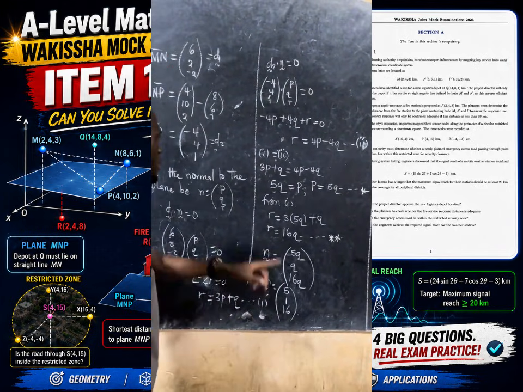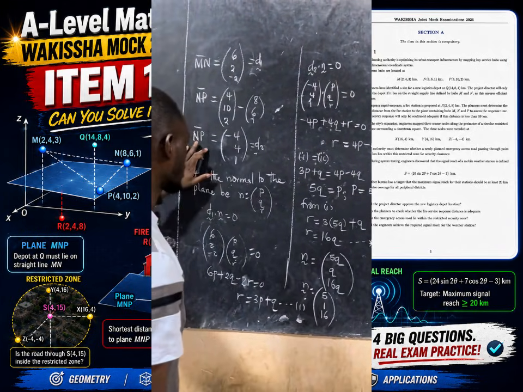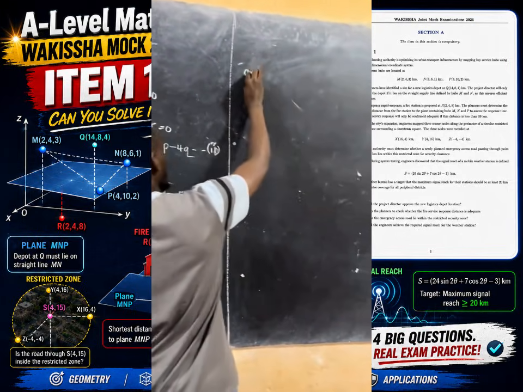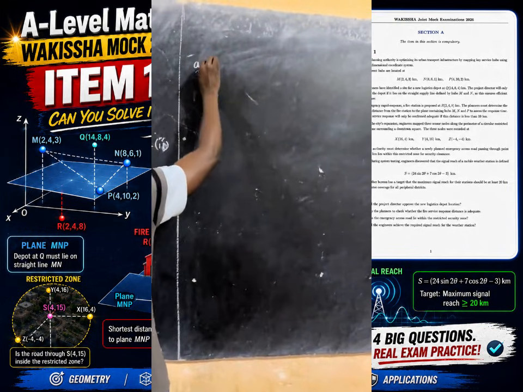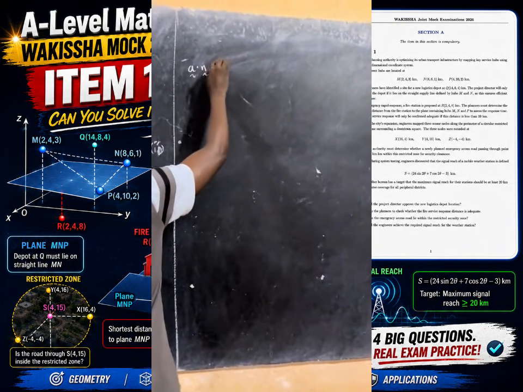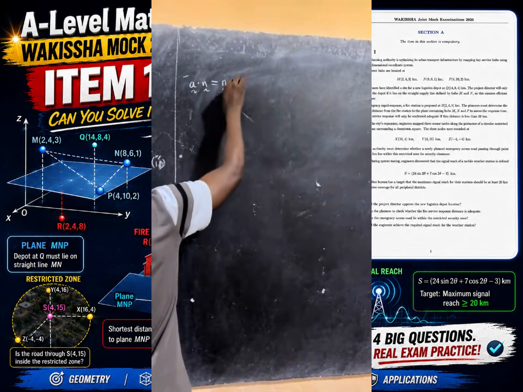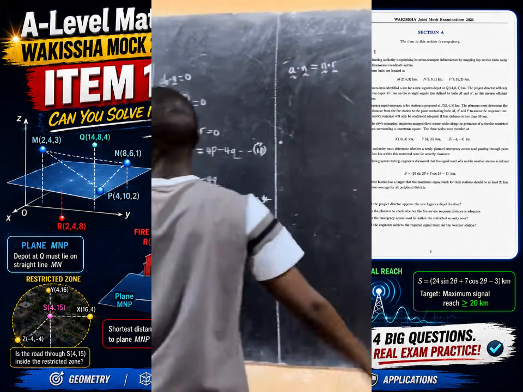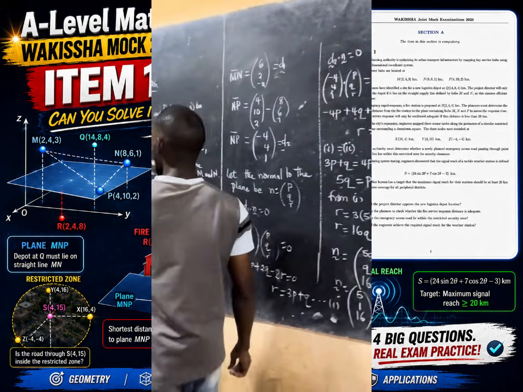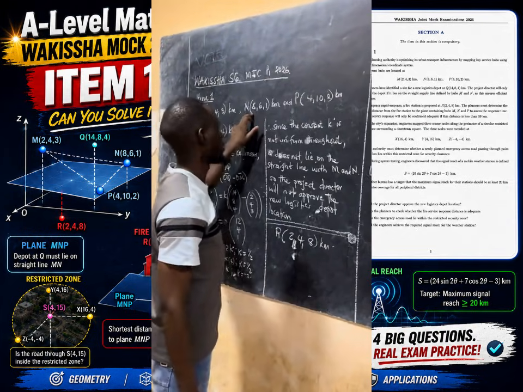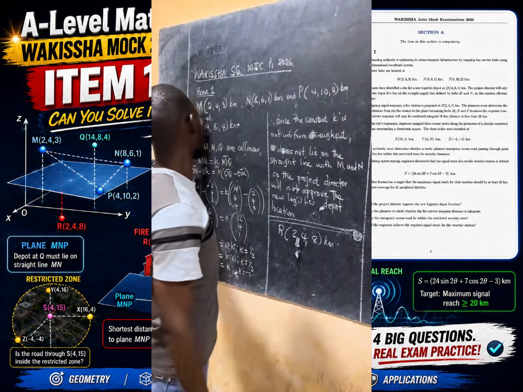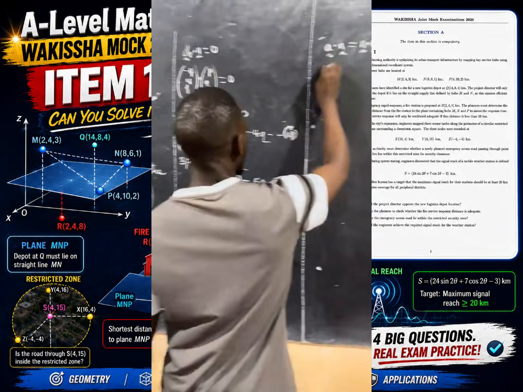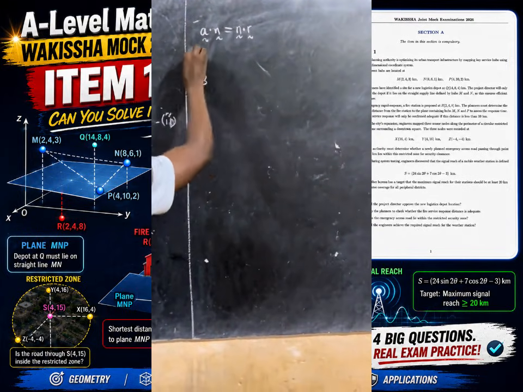But this is not what we want. What we are interested in is the equation. The formula of the equation of a plane is A dotted with the normal we have been looking for, equal to the normal dotted with r, where A is any point, either M, N, or P. I'm going to use M as my A, which is 2, 4, 3.